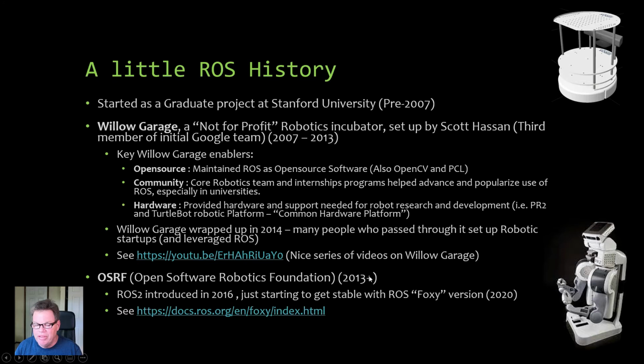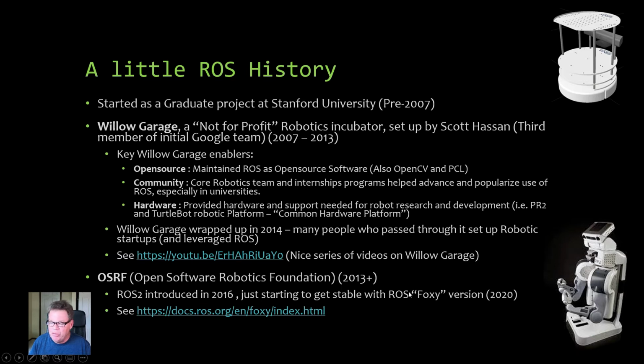So after 2013, ownership of the open source software for ROS moved to the Open Source Robotics Foundation. One of the things that they did was introduce ROS2 in 2016, because ROS1, or the initial version of ROS, had grown organically at that point. There were some things that people knew could be improved, and I'll talk about some of the improvements that took place with ROS2.